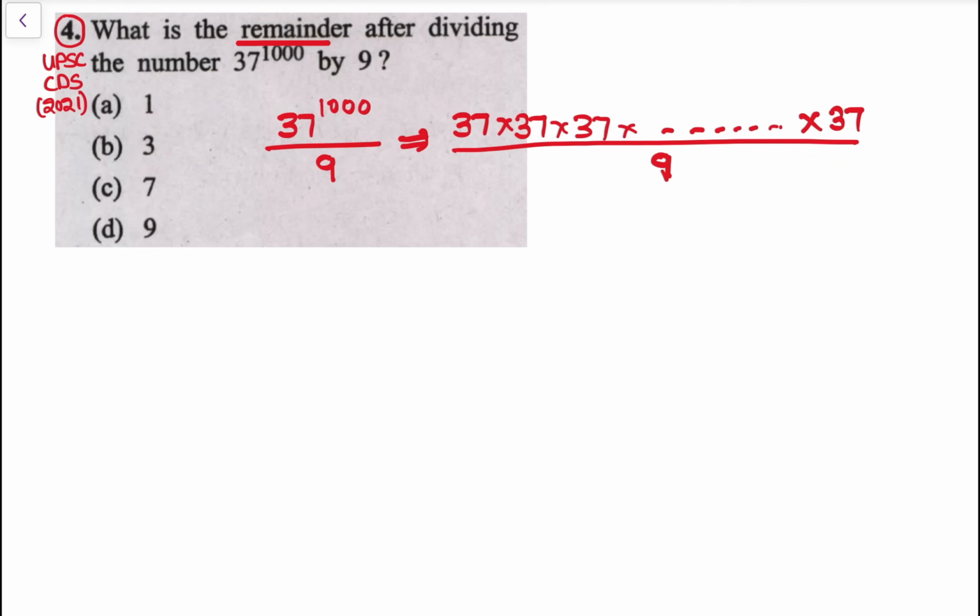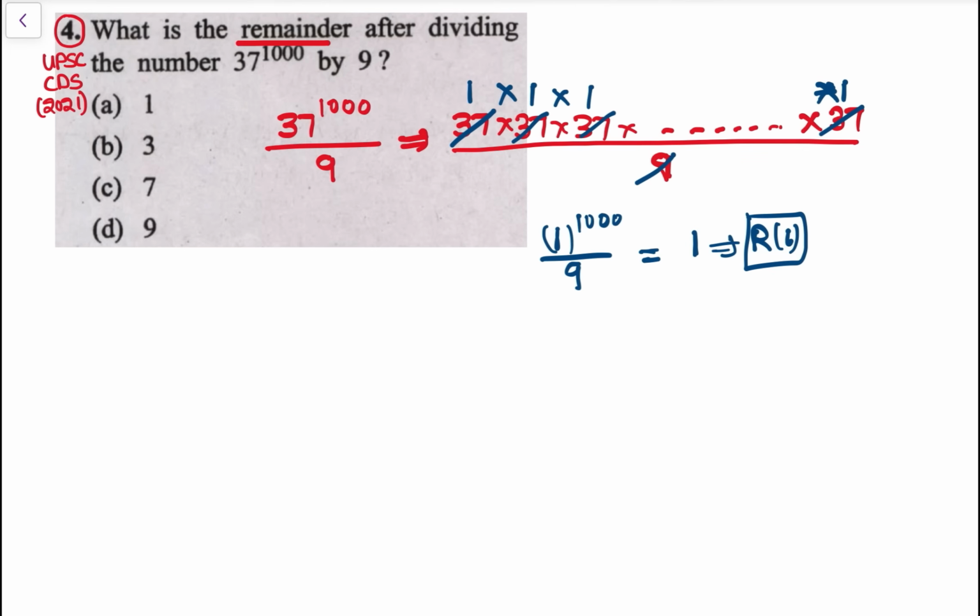So 9 4s are 36, so it is 1 into 1 into 1 into 1. So that is 1 to the power 1000 upon 9, which is nothing but 1. 1 upon 9 is 1. So remainder is 1. Option A is the correct answer.